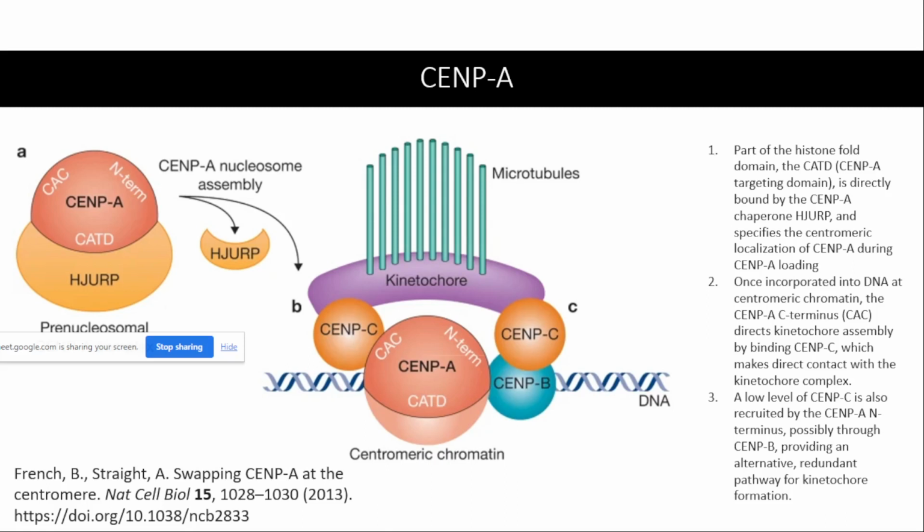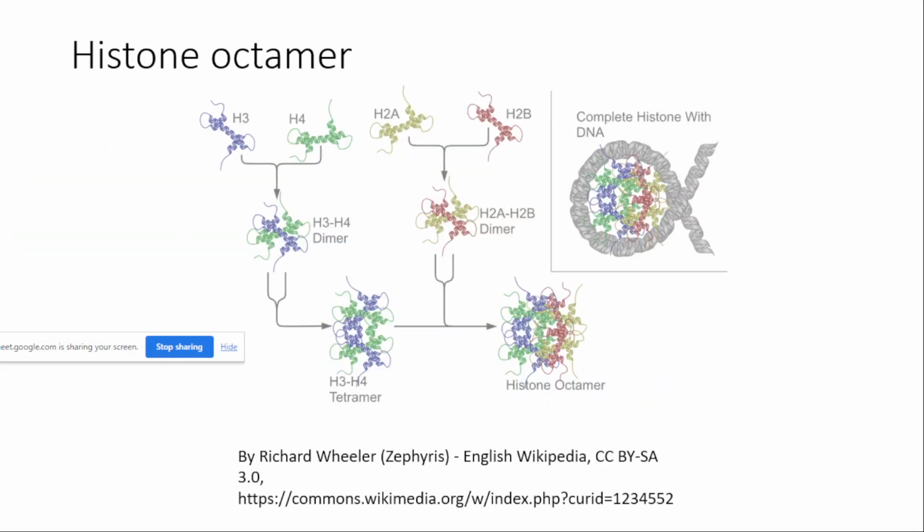Now let's discuss CENP-A. CENP-A is analogous to the histone H3 protein. As you know, H3 is a subunit of the histone octamer.